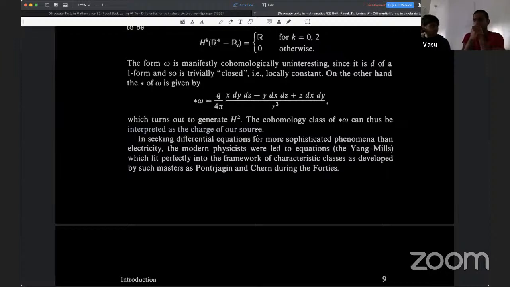Correct. The electromagnetic story goes through the construction of a U1 bundle if you start from the very beginning. But what we'll see maybe next time is the story that Witten came up with, where you can directly get to the answer.